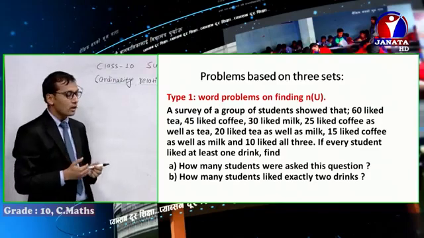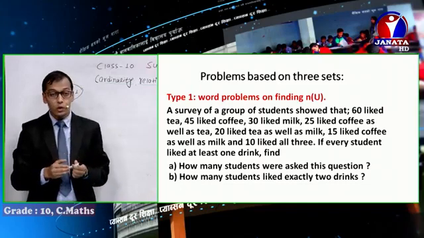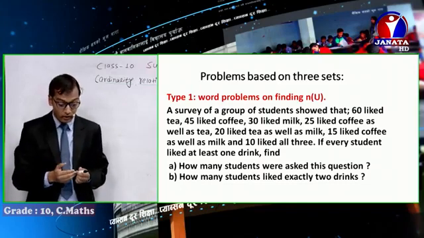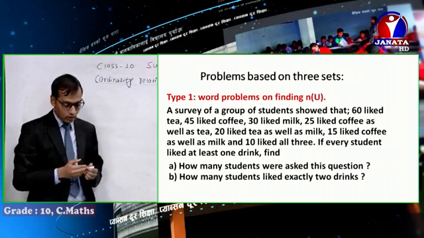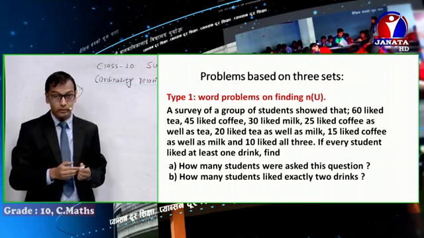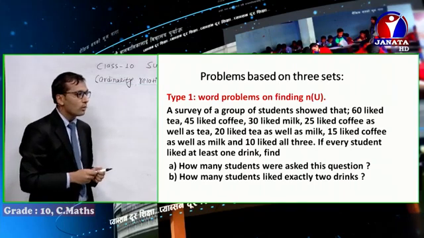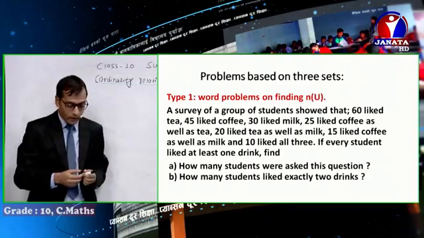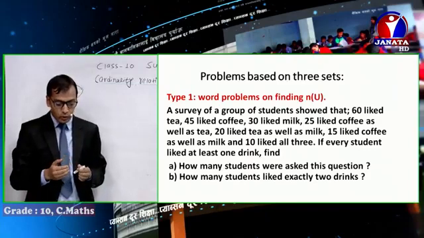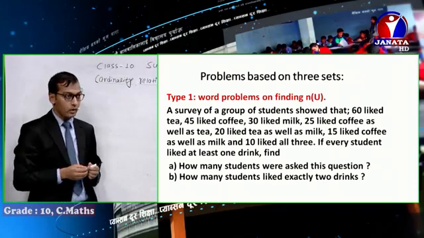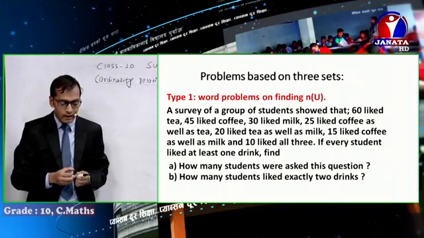If every student liked at least one drink, there are two questions asked. How many students were asked this question? Means what is the total number of students participating in the survey? Second is how many students liked exactly 2 drinks. So this is a key point, exactly 2 drinks.